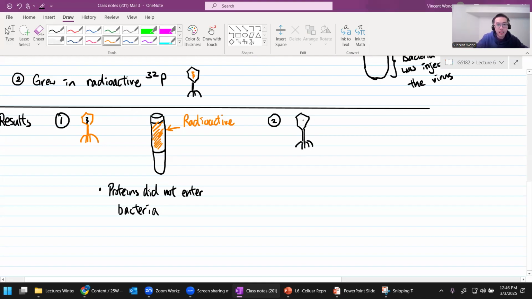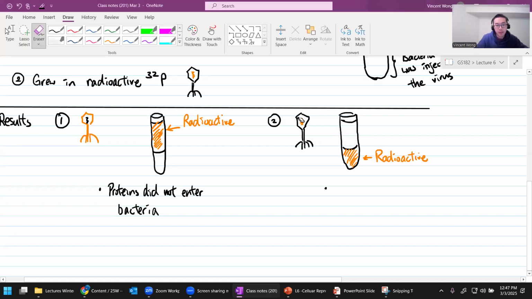The second group has radioactive DNA. And after infection, and they spin down the mixture in the test tube, okay, this time the radioactivity is only detected at the bottom. So what does it mean?